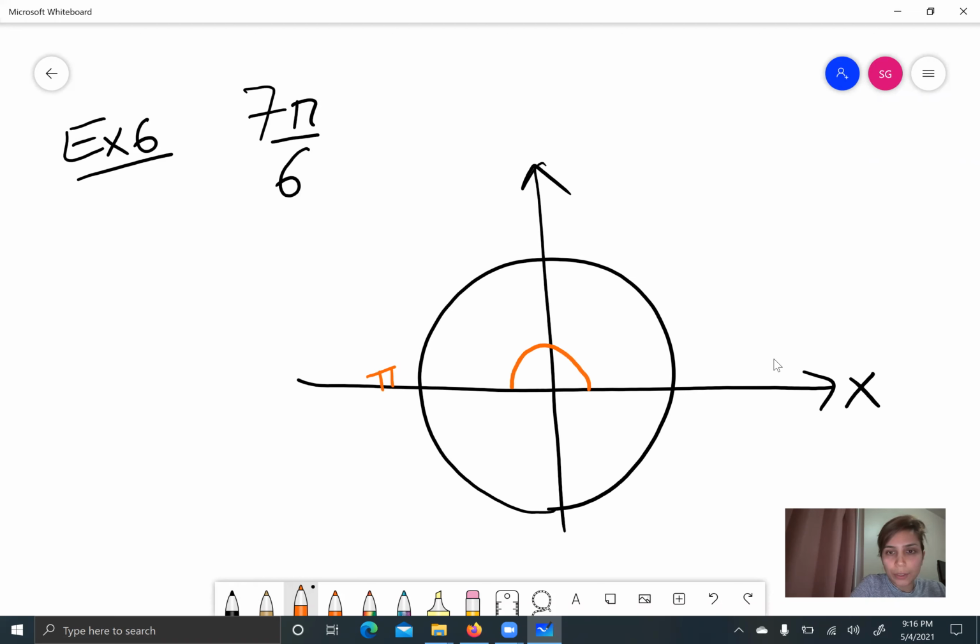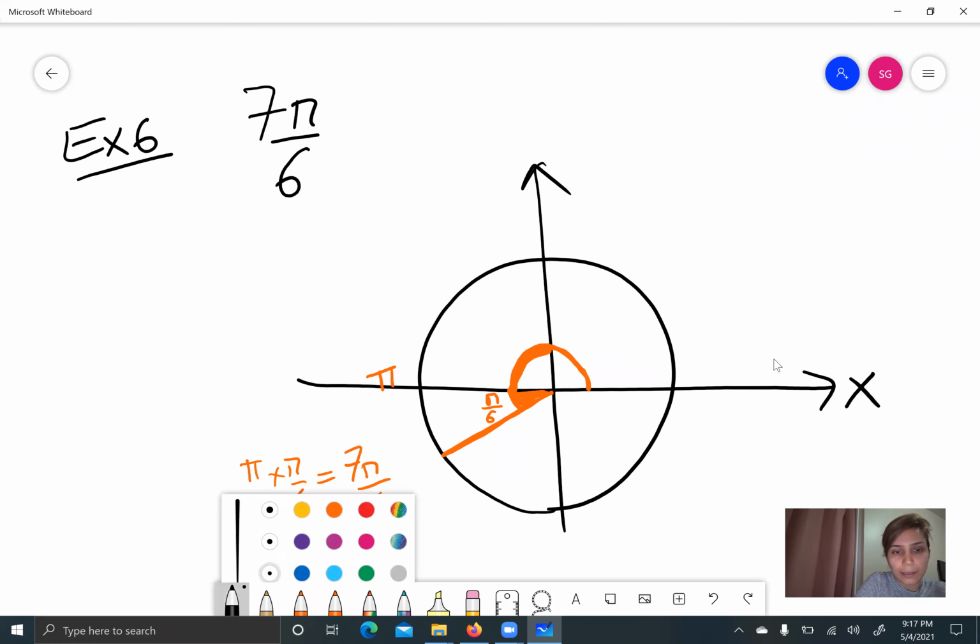And if you go further for pi over 6, that's going to give you 7 pi over 6. So pi plus pi over 6 gives you 7 pi over 6. This portion here is just pi over 6, and this part is pi. So in total, this is 7 pi over 6.